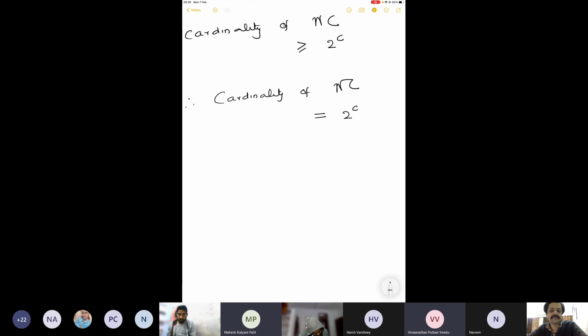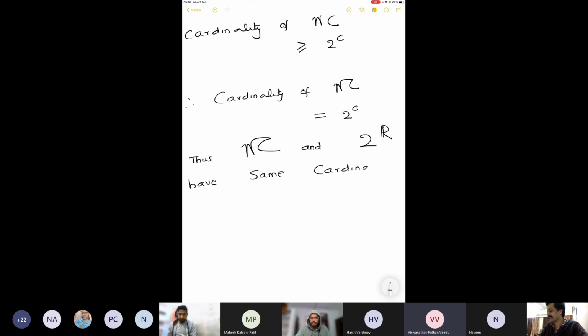And what is the cardinality of the power set of R? 2 power C. So that means they both have the same cardinality. Thus, M and 2 power R have the same cardinality. That doesn't mean that they are the same sets.